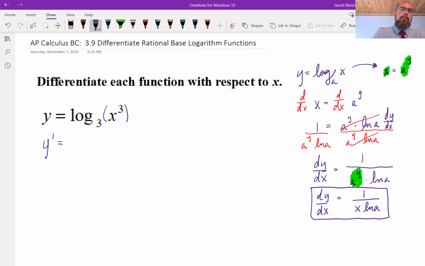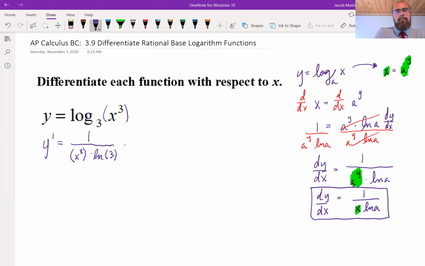So I'm going to write 1 over that composed function unchanged, x cubed. So what that would be equivalent to is my x there, that's where the composed function would rest, times the natural logarithm of the base, which here is 3.